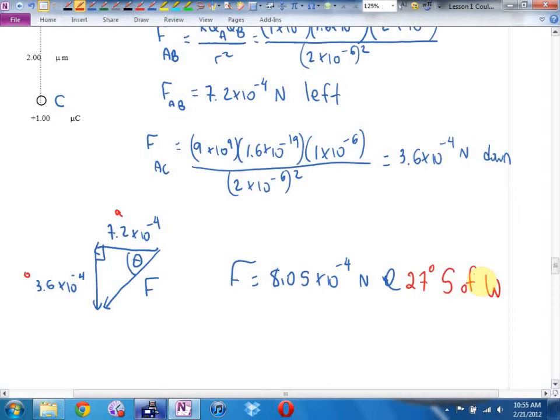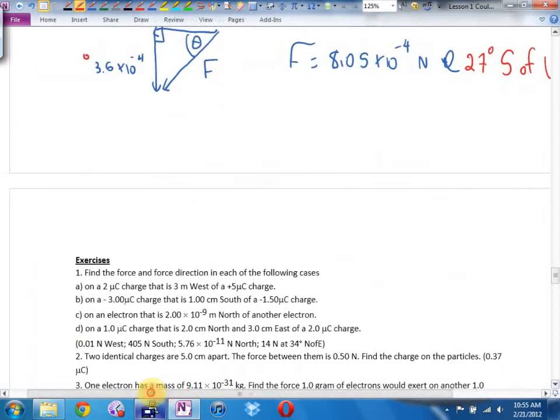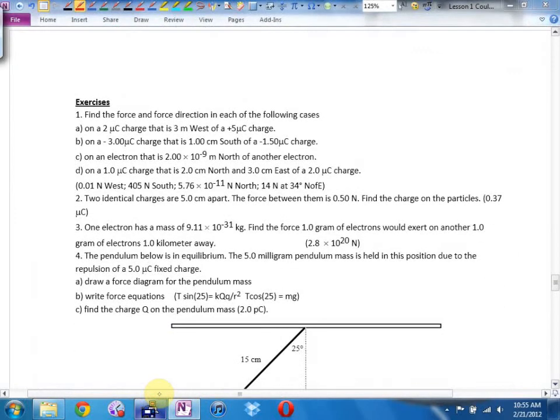Okay. What's your homework? Well, homework number 1 is study for the test. Homework number 2. Number 1? Yeah, sure.